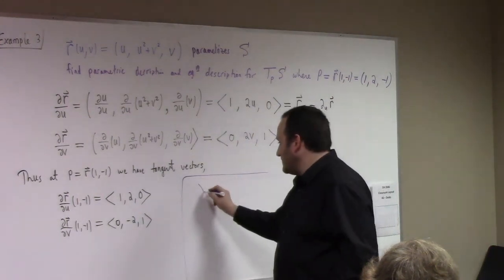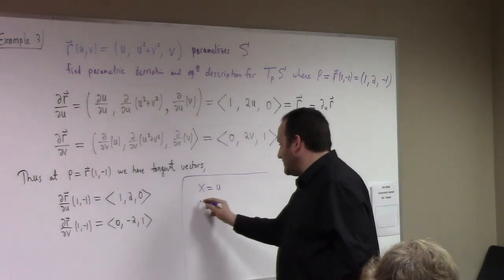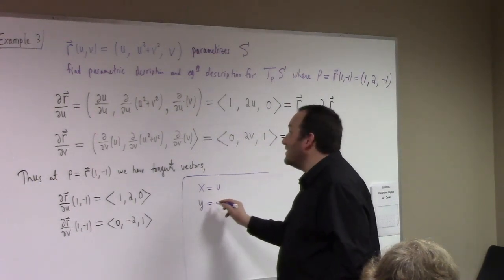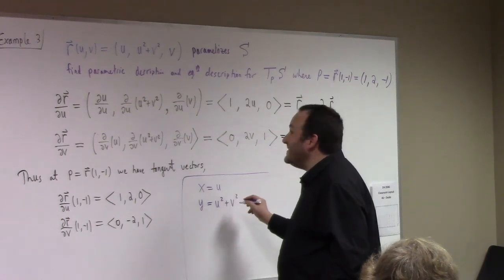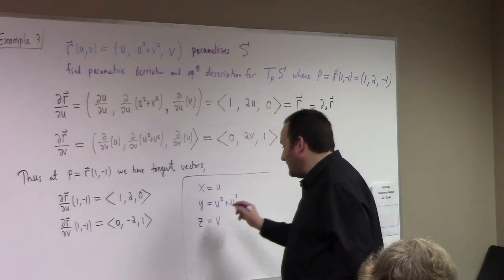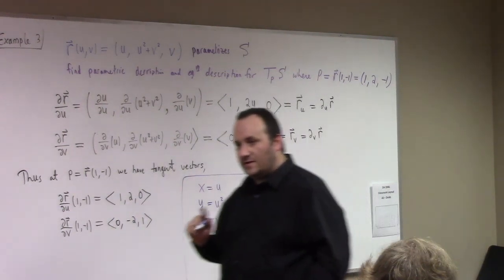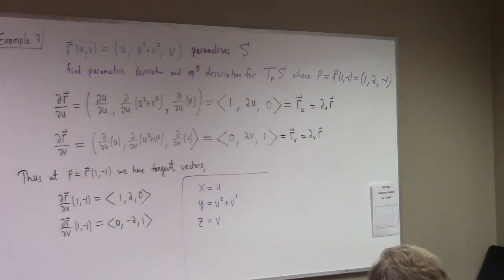It's x equals u, y equals u squared plus v squared, z equals v.